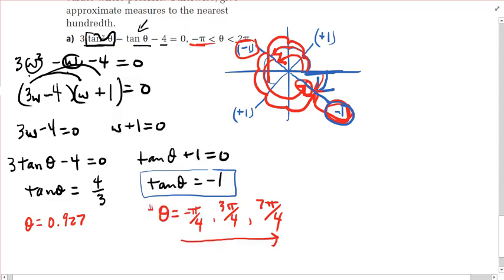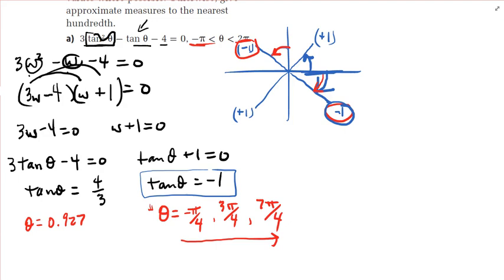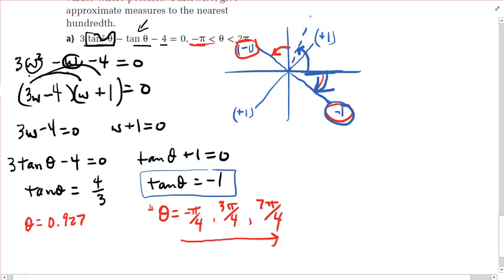And so we have to think about, are there any other places on the unit circle that this is going to be true as well? So positive 0.927 out there. And then where else is tan positive?